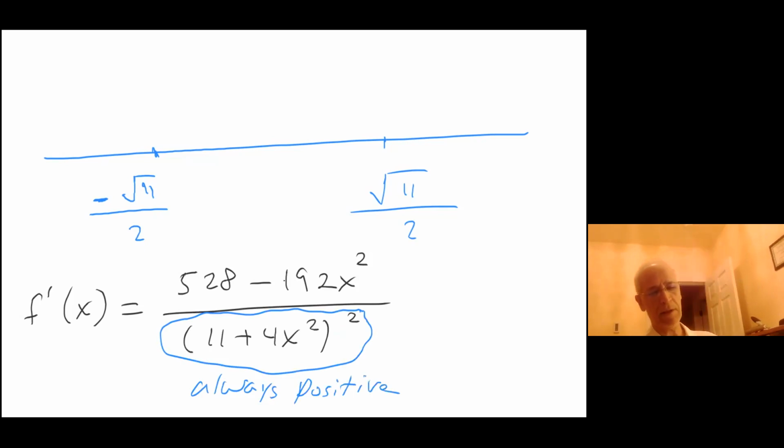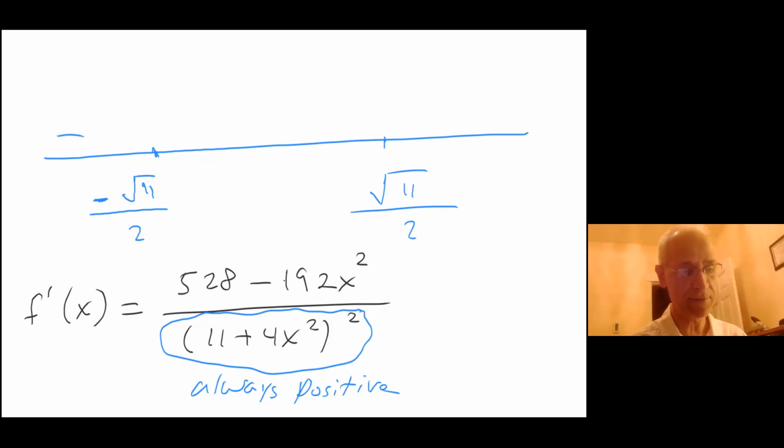So let's pick a number, a big number, let's say a number that we are sure is to the left of negative root 11 over 2. Let's say negative 10. Negative 10 squared is 100. Multiply that by 192, of course, is 19,200, and that's negative. So 528 minus 19,200 will give me a negative value.